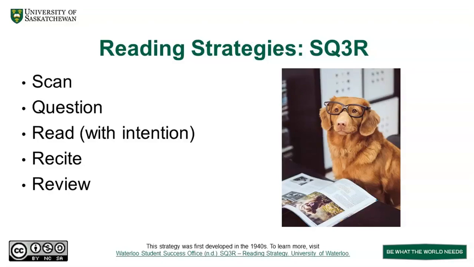This has been around since the 1940s, and it's promoted in part for study as a means to retain information, but I think it applies just as well to reading for the purposes of gathering information for a literature review, in that it is about trying to make the best use out of your time as possible.